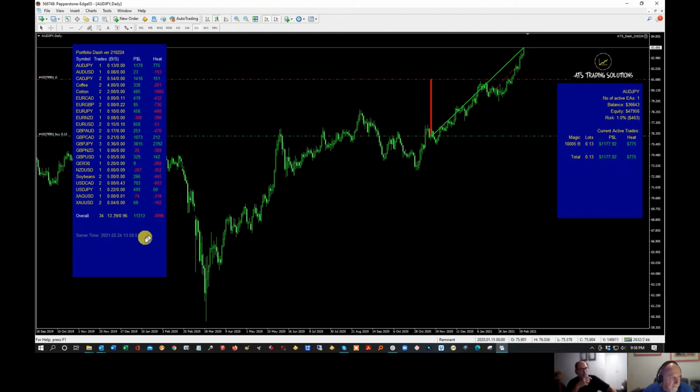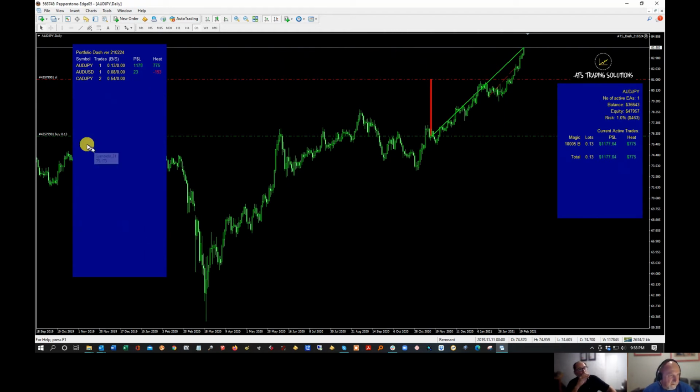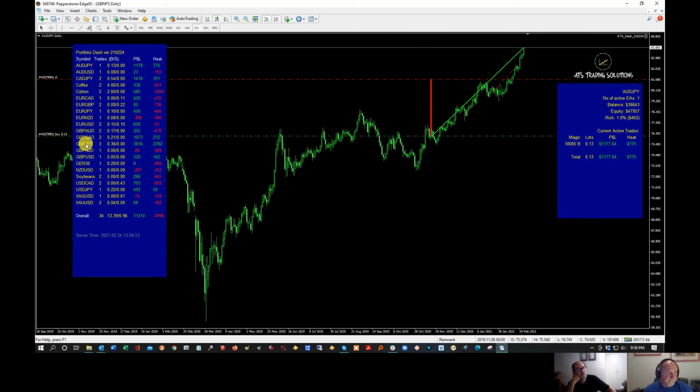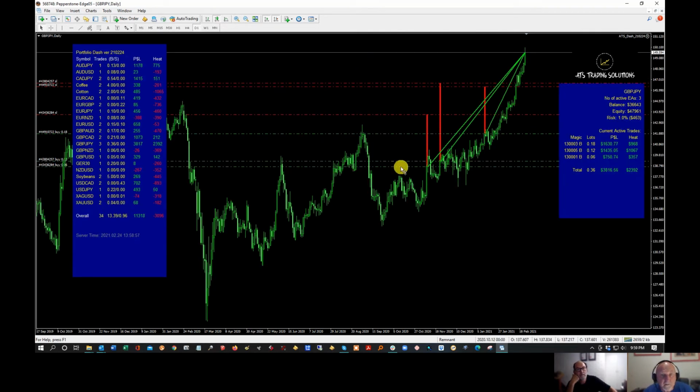Yep. If we look at something that's got a few more active trades, like the pound yen, for example, we've got 3 active trades. So the details of those individual trades are over here, showing the magic number for each trade, and with our portfolios, most of our trades have a separate magic number for each trade.